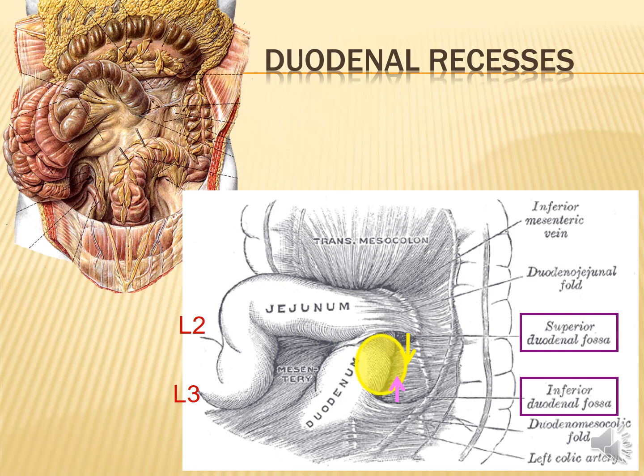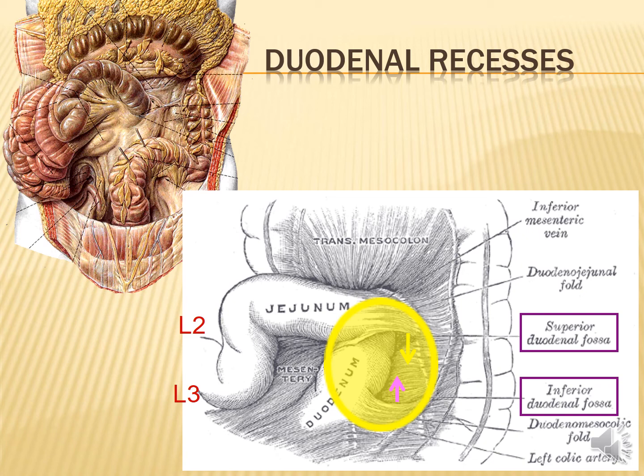Its orifice looks downwards. Then the second recess which we can appreciate over here is the inferior duodenal recess, and it is produced by the duodenomesocolic fold. It is present at the vertebral level L3, and it is present in about 75% of subjects. Its orifice looks upwards.